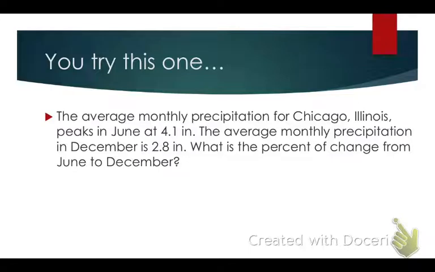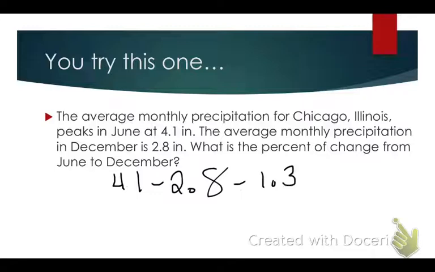All right, so the average monthly precipitation for Chicago, Illinois peaks in June at 4.1 inches. The average monthly precipitation in December is 2.8 inches. What is the percent of change from June to December? So again, I'm going to go 4.1 minus 2.8, and that is going to give me 1.3.